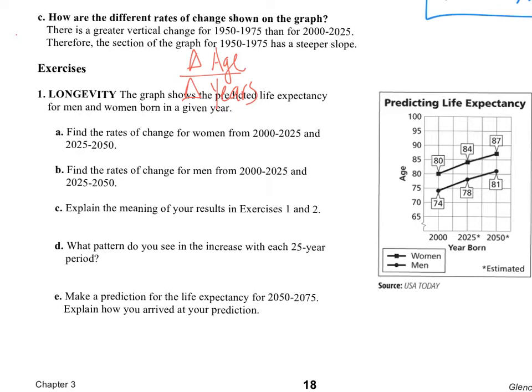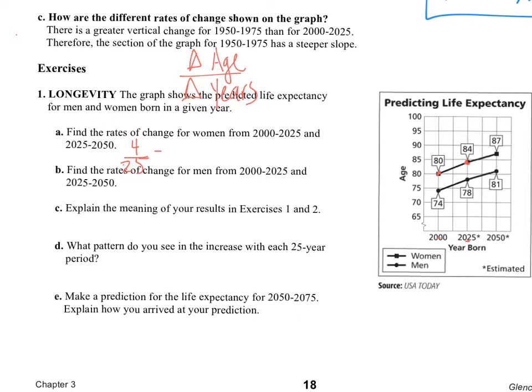So our change in age went from 80 to 84, so that would be a change of 4. Our change in years went from 2000 to 2025, so that's a change of 25. There you go. So there's your slope.